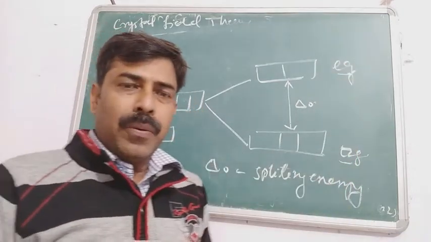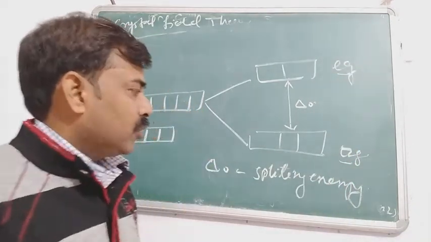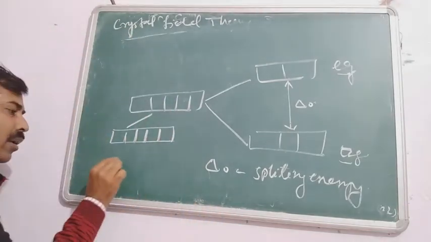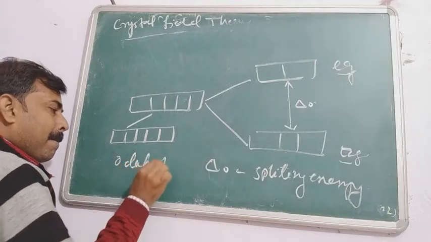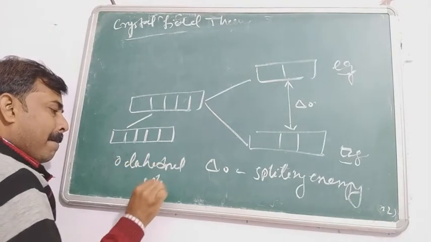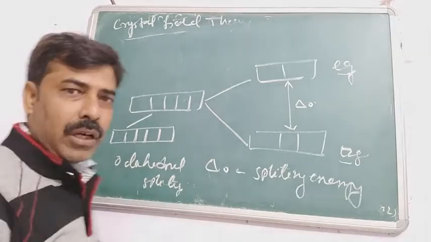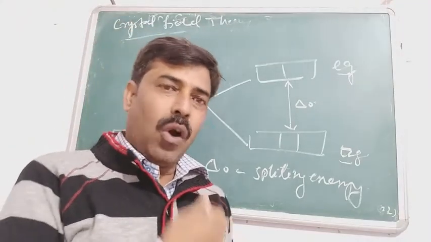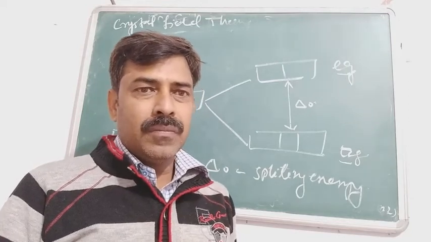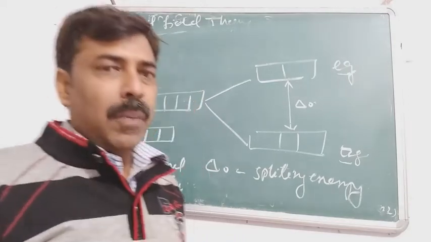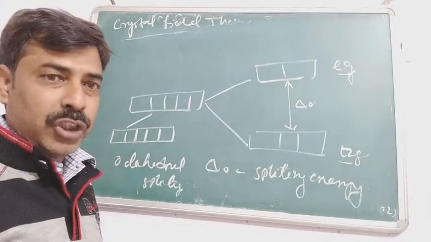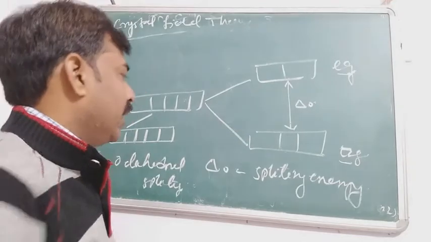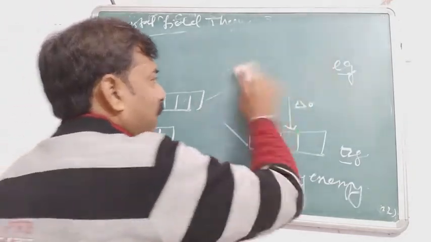If such type of splitting takes place, it is called octahedral splitting. Generally it takes place when the number of ligands is 5 or more. But if the number of ligands is less than 5, then the octahedral splitting doesn't take place.